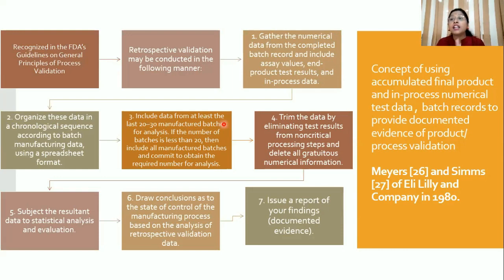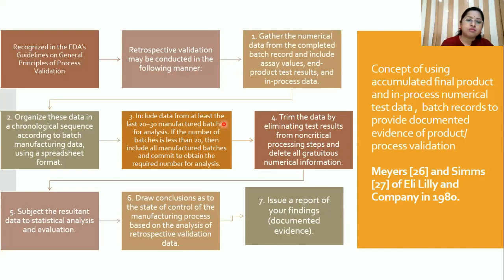You cannot claim 20 to 30 is the answer. You say as per the references, because when current GMP is modifying every day and every site is being updated every day, you cannot claim this is the final answer, right? So you can say, as per the references available, 20 to 30 manufactured batches need to be taken for analysis.